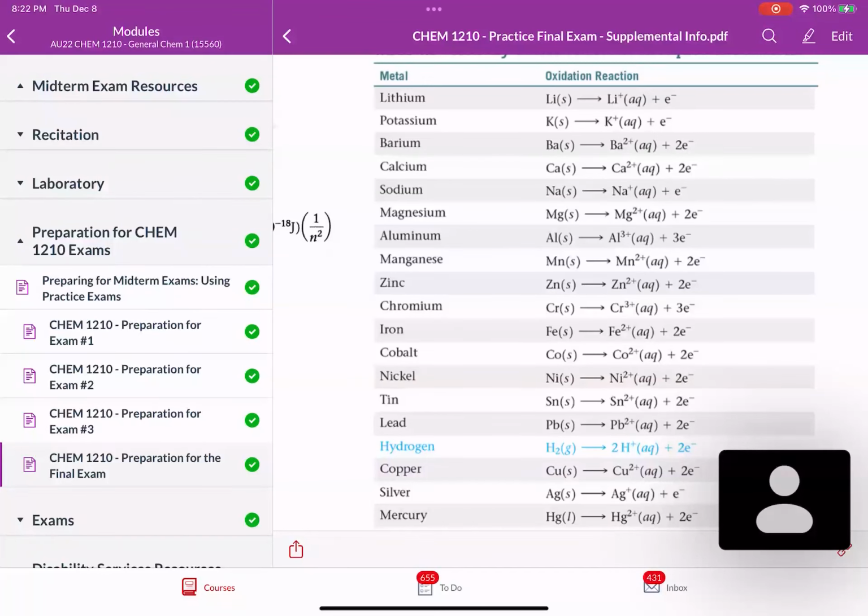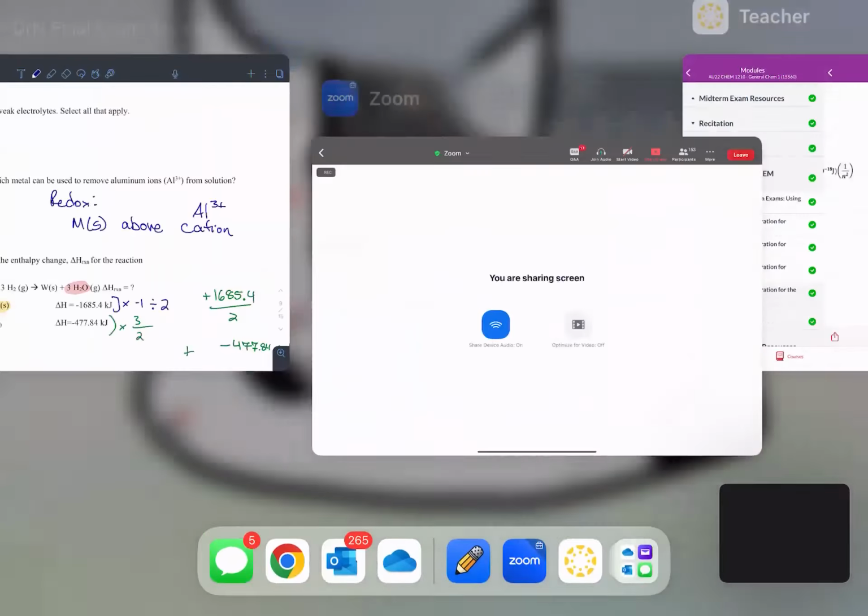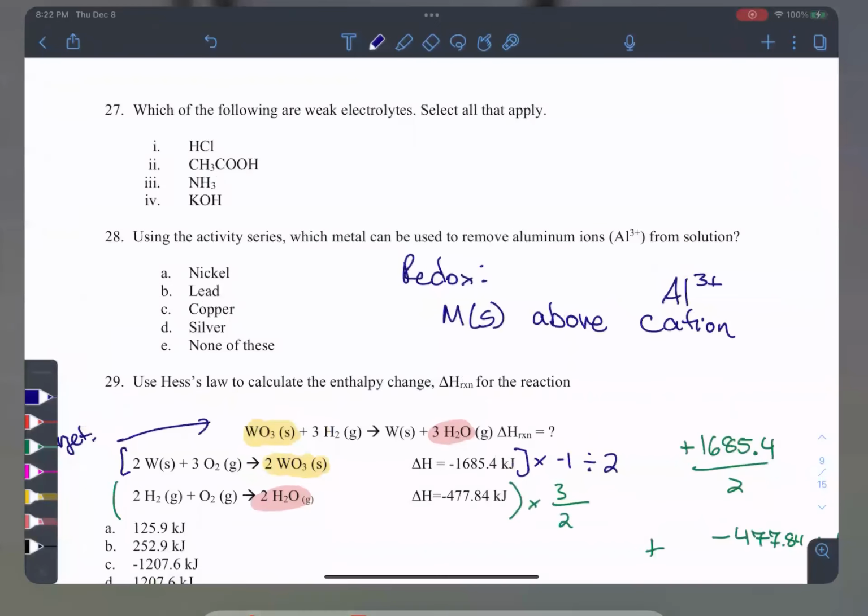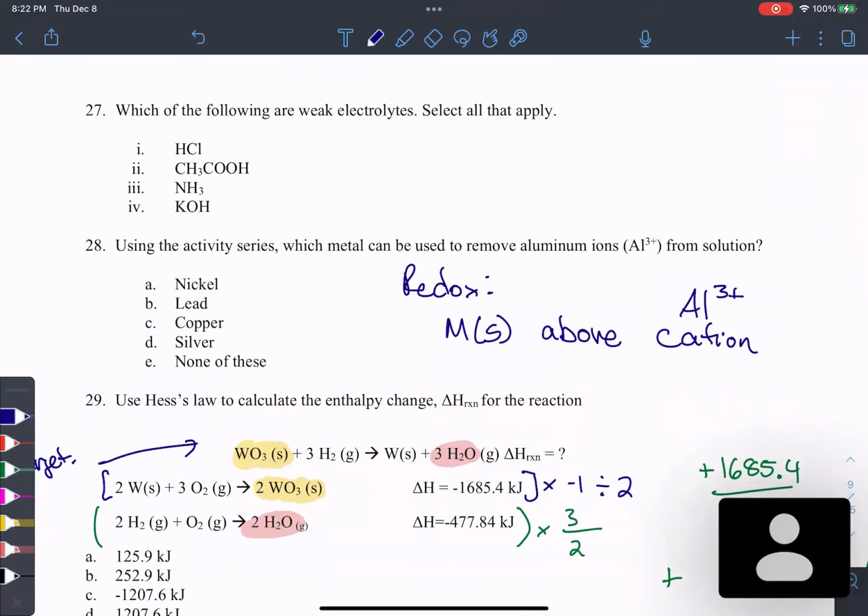It's right here. So we can pick any one of these solid metals above it. We cannot put the cation above it. It has to be the metal. All right, so I guess the answer is none of them. I think it's none of them.